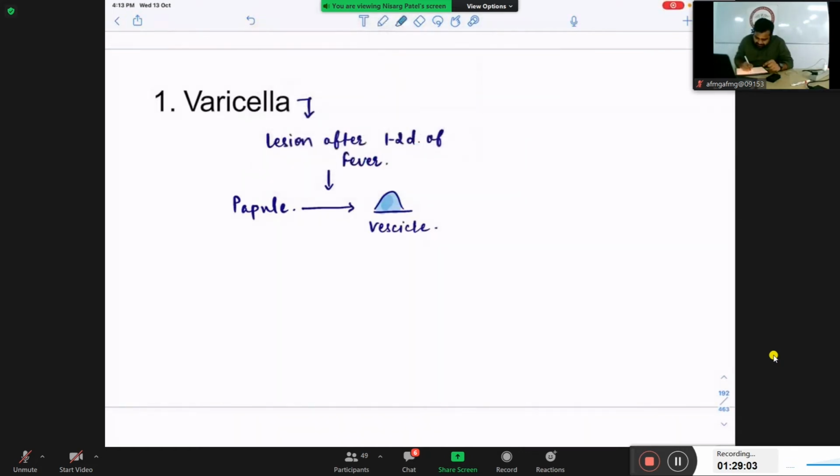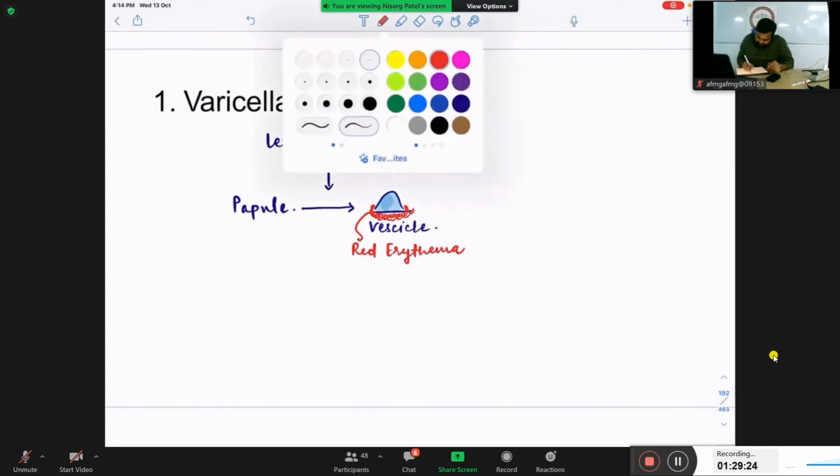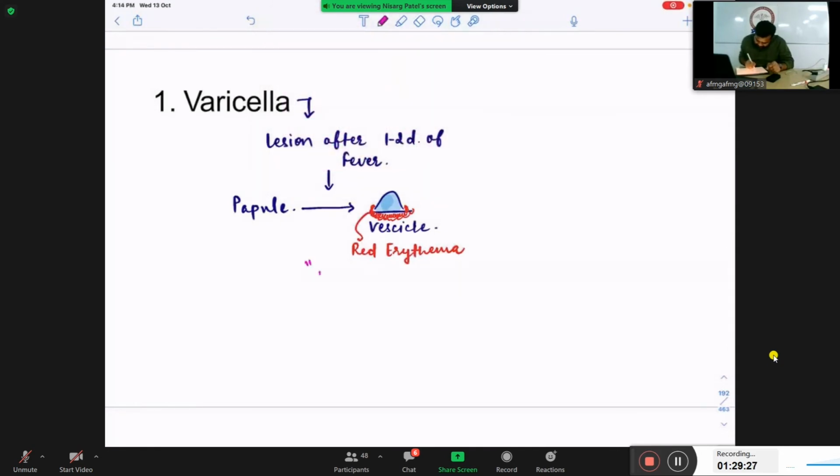Around this vesicle, because of the inflammation, there will be red erythematous skin. This appearance is known as dewdrop on rose petal.